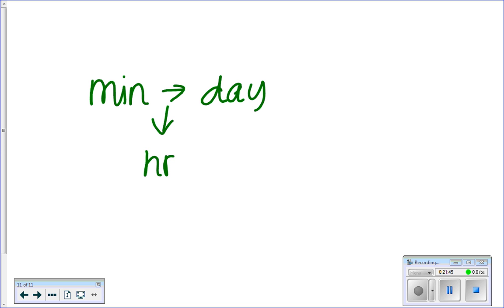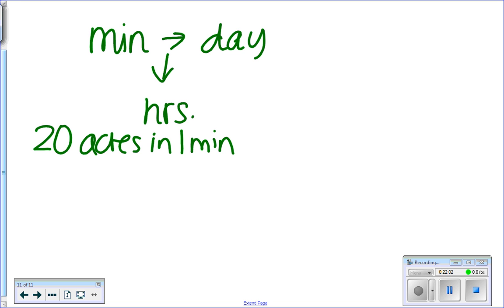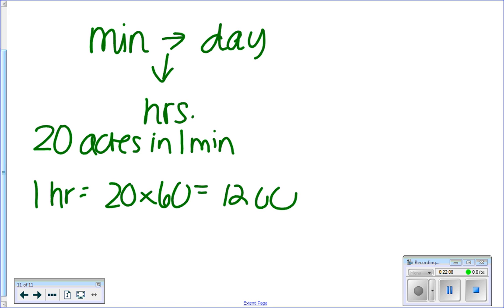Hours maybe? Minutes, hours, days, right? So if I know it's 20 acres in 1 minute, let's figure out how many acres are in an hour. In 1 hour, it would be 20 times 60, which would be 1,200.